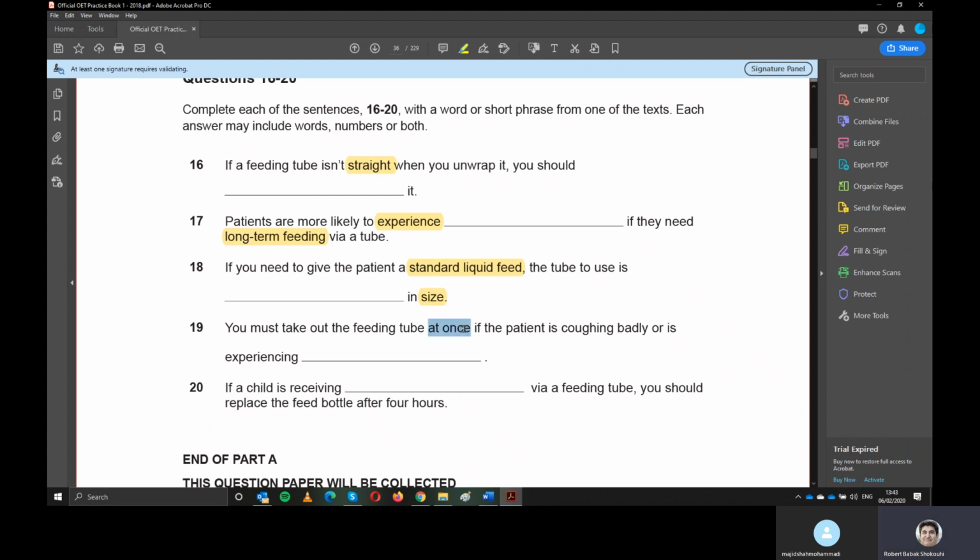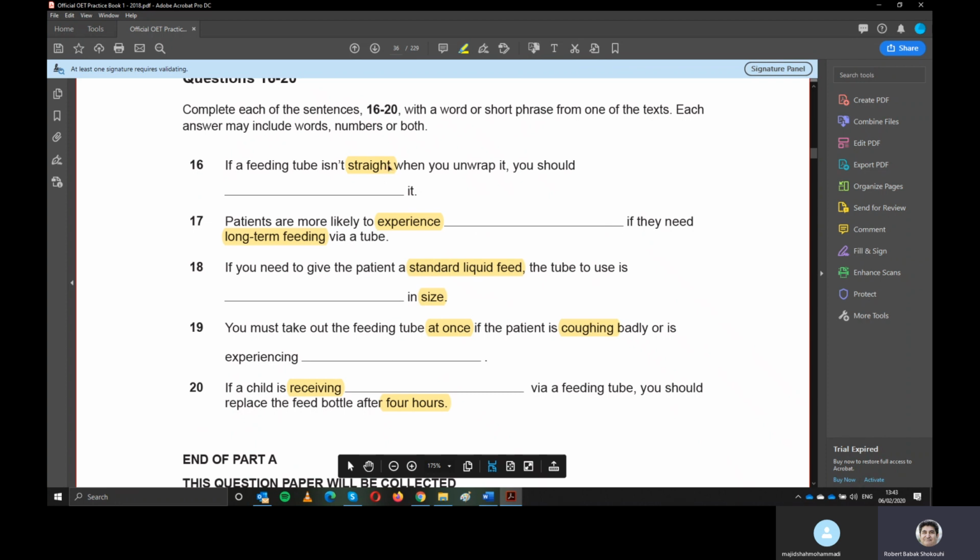Also, if the patient is coughing badly or is experiencing shortness of breath. If a patient is receiving what via a feeding tube, you should replace the feed bottle after 4 hours. So if you can remember all of these, that's fine.